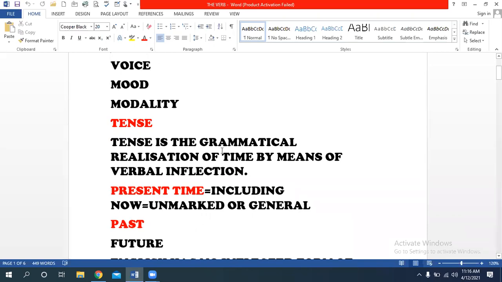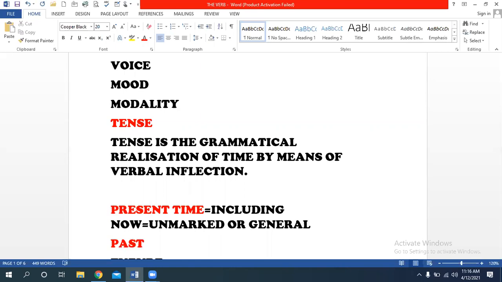So tense is the grammatical realization of time by means of verbal inflection. And you people know the verbal inflections in English like S or ES in present simple, ING in continuous, D or ED in past, and EN in past participle.